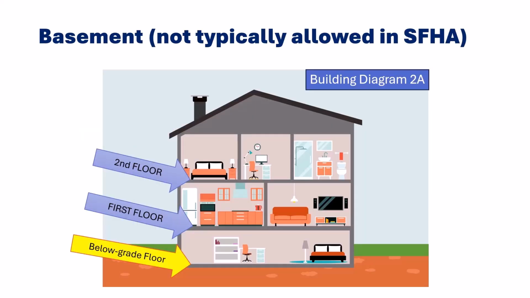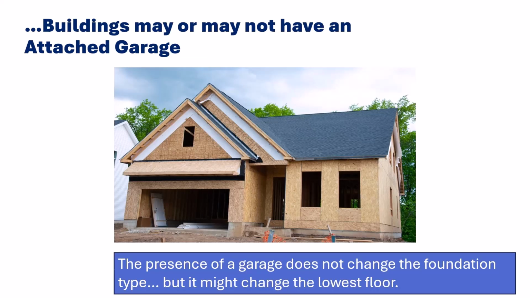FEMA defines a basement as any area that's fully below grade on all sides. Fully below grade areas, or basements, are typically not allowed in the regulatory floodplain, so beware of building diagrams 2 and 4. Buildings of any of these foundation types I just reviewed may or may not have an attached garage.